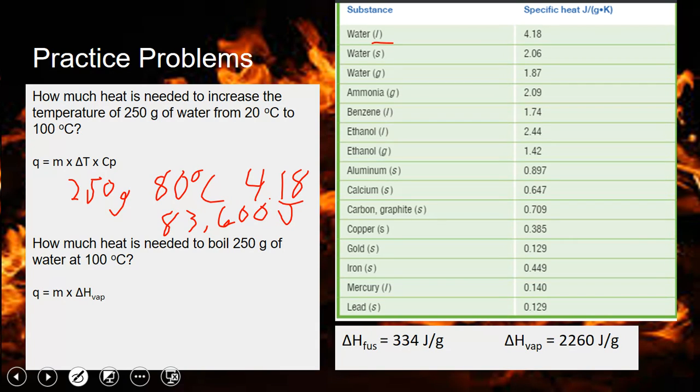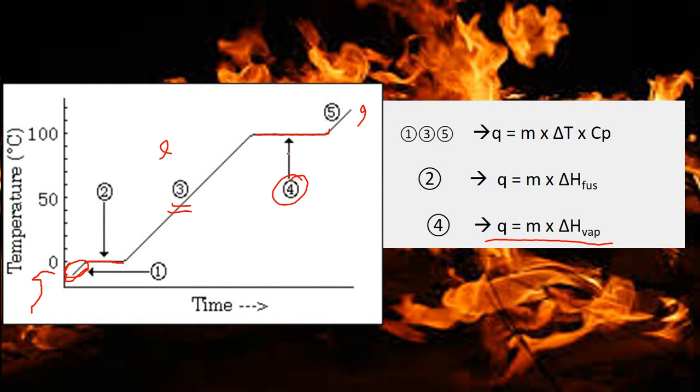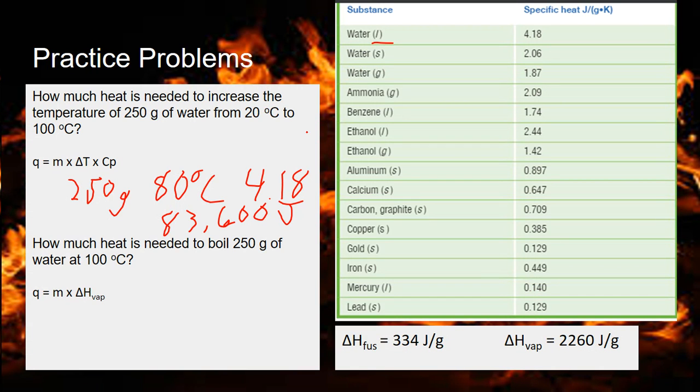Now, how much heat is needed to boil 250 grams of water at 100 degrees? Boiling water, you're looking at phase 4. You're going from liquid to gas. That's what boiling water is. It's 250 grams, and we're going to need the delta H vaporization listed here in the corner, 2260.